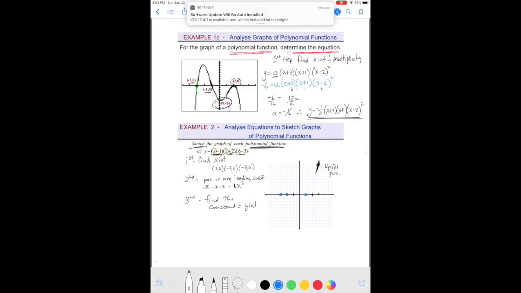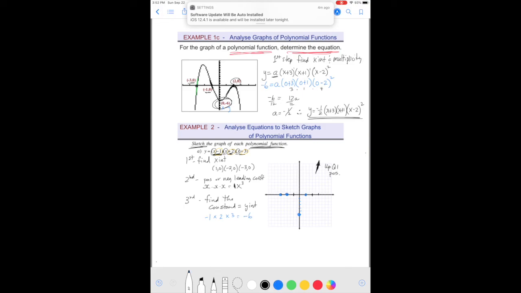So we have negative 1 times 2 times 3. Well, that's negative 6. So I know at negative 6, so 1, 2, 3, 4, 5, 6, there's a dot right there. All right, so it's looking pretty good now.